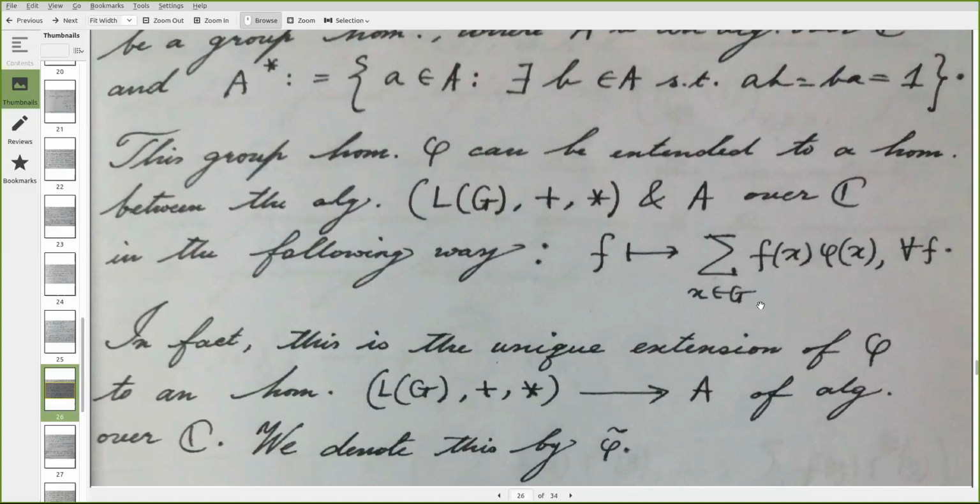Since we are talking about extension, this is the only choice.